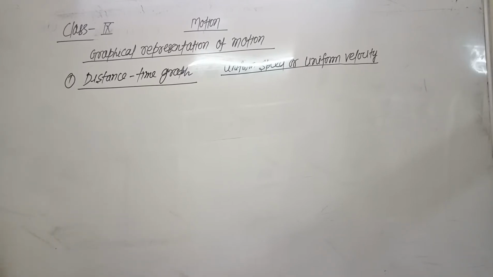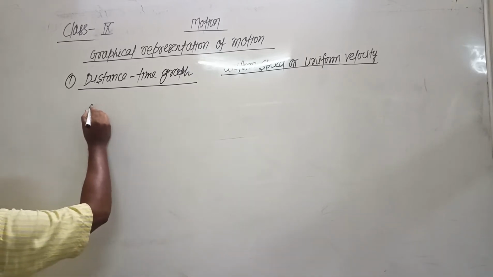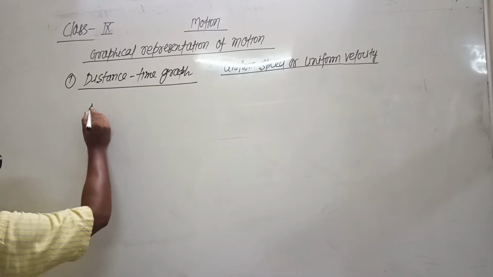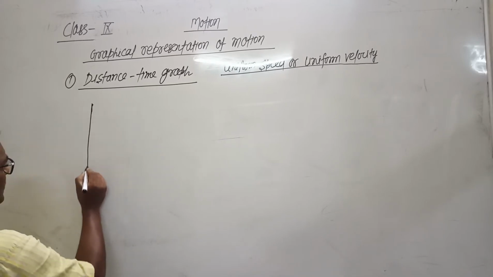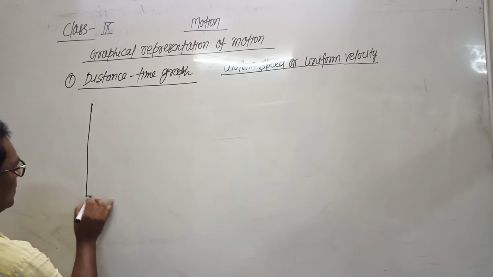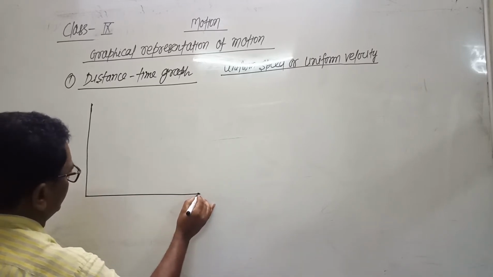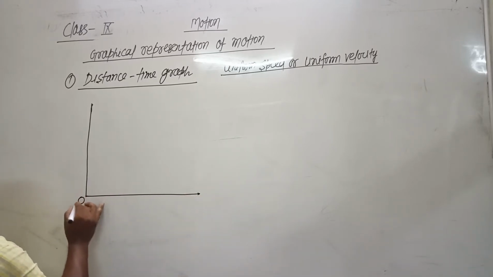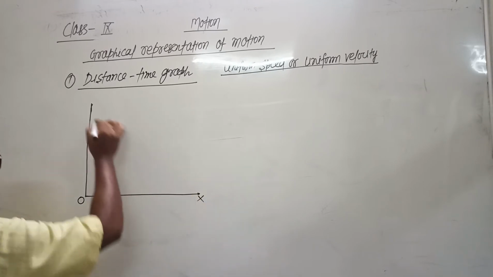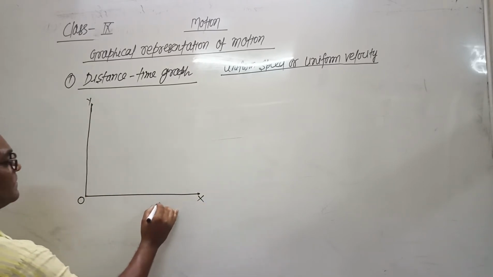The distance time graph of uniform speed or uniform velocity is a straight line inclined to the time axis.